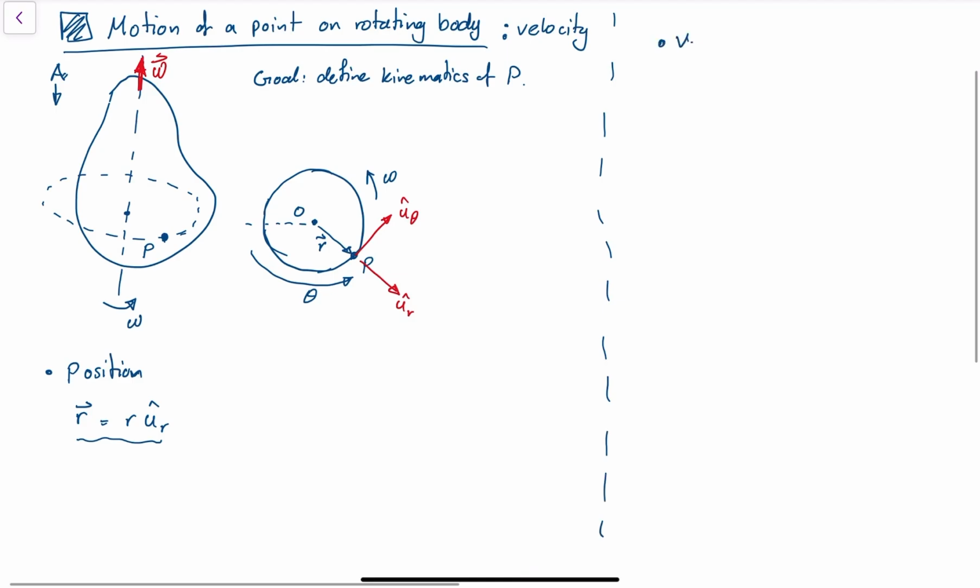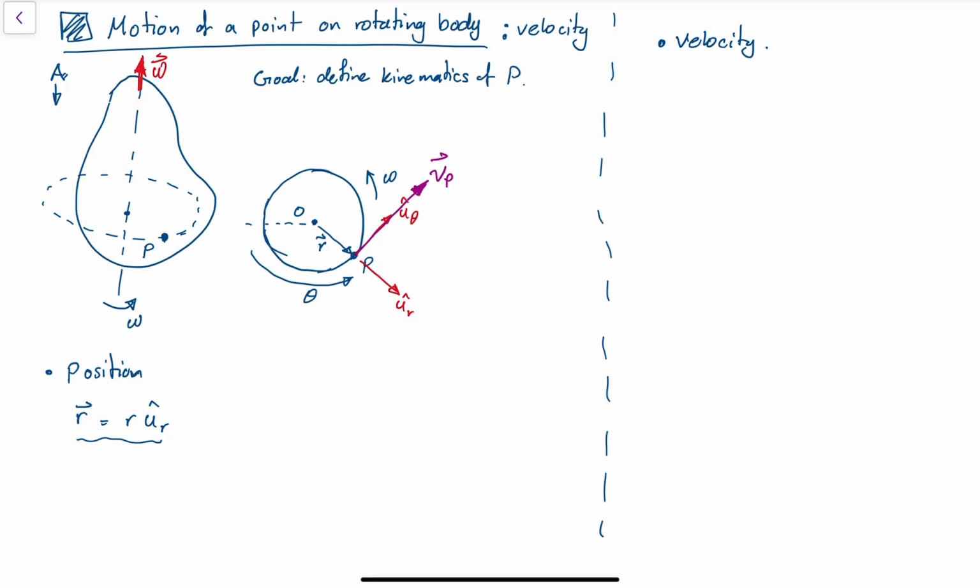The next is velocity. That one is a bit more involved, but we can do it. Point P goes around the circle. Velocity is always tangent to the path. So velocity is a vector tangent to the path, essentially along u_theta.